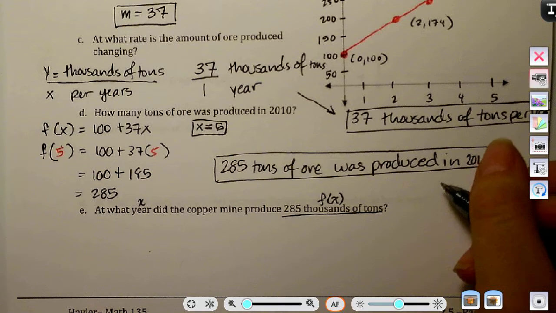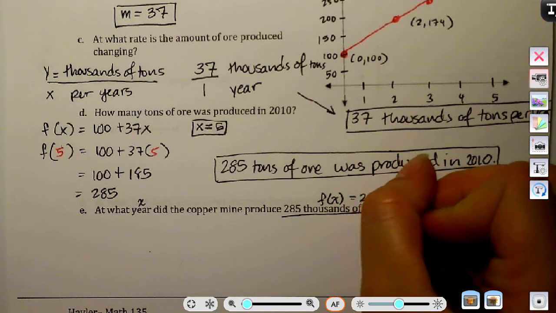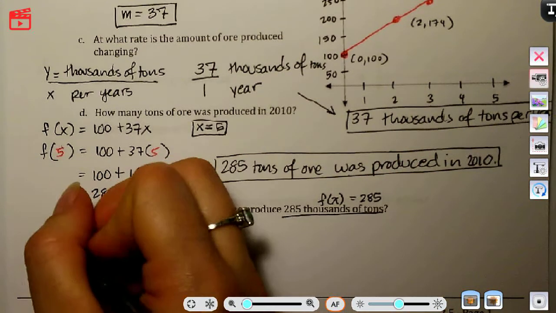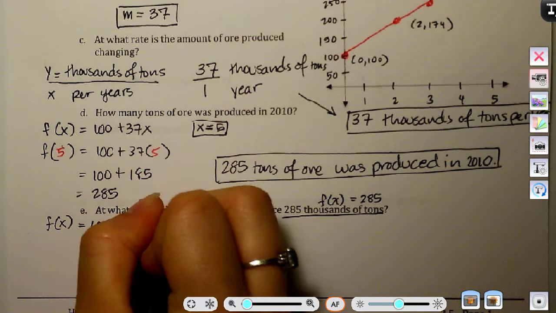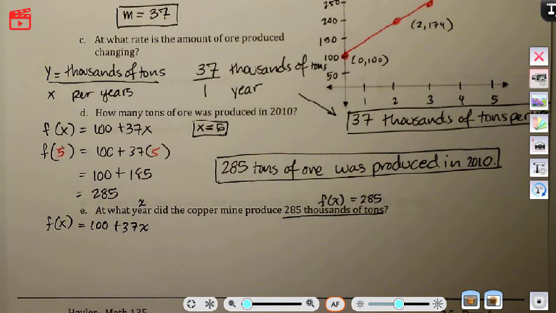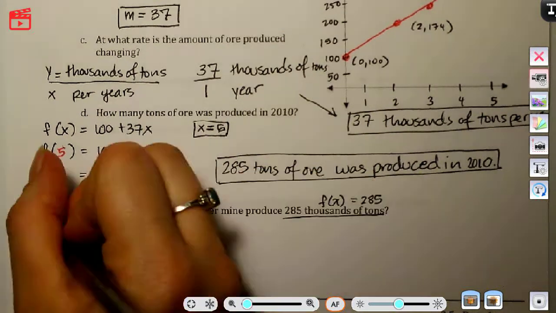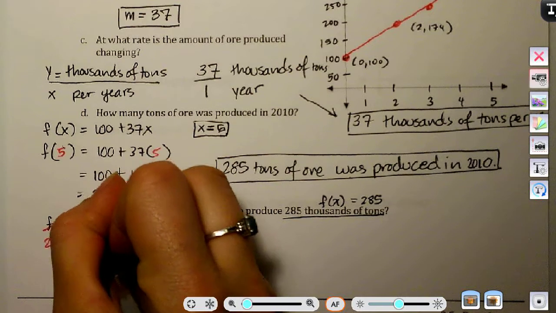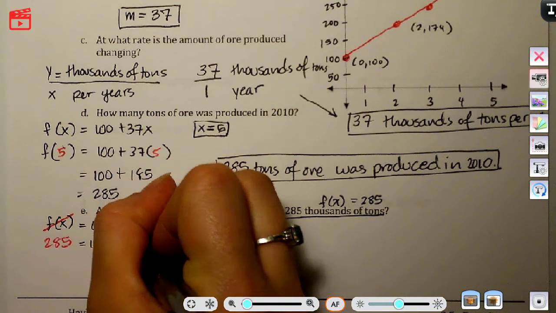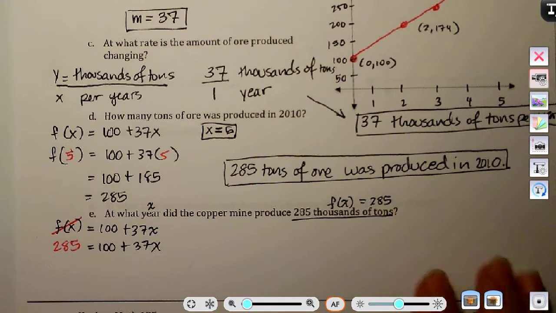So we know that f of x equals 285. So using our function again, except this time we're given the f of x value, which is 285, and we're being asked to solve for x. Okay, so let's solve for x.